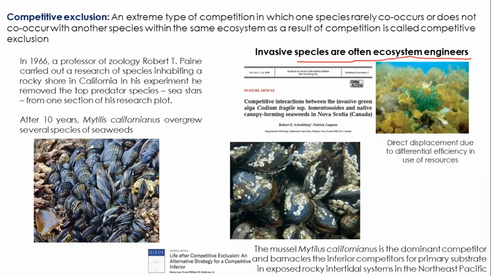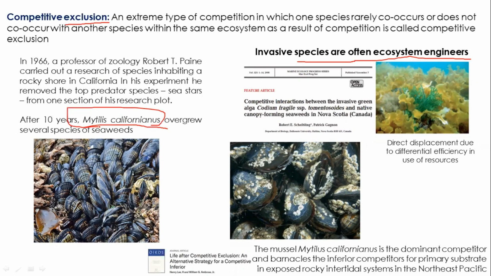So when they removed the sea star, in order to give equal possibility for all the organisms to grow, what they found after 10 years is that Mytilus, which is a bivalve, overgrew in the place of seaweeds. Okay, so he concluded that Mytilus californianus has competitively excluded the seaweeds which were growing on that particular rocky shore.